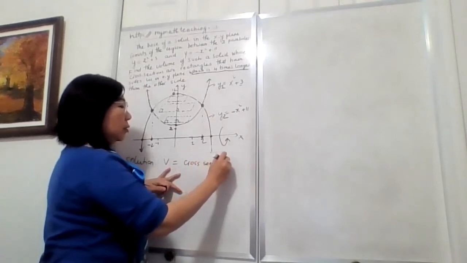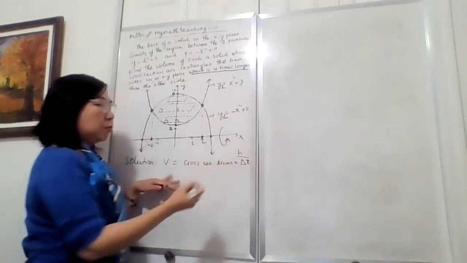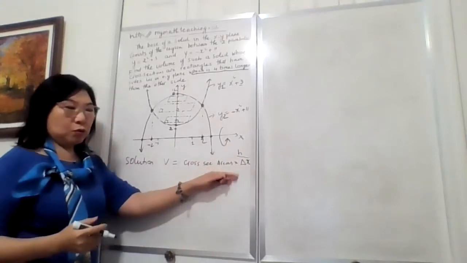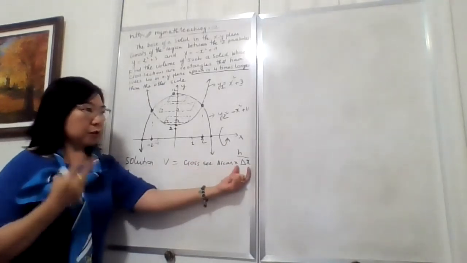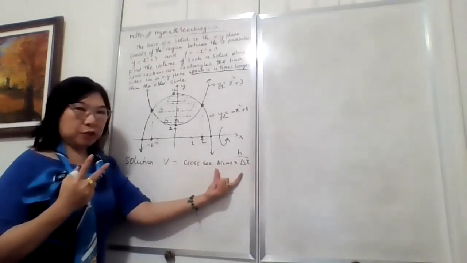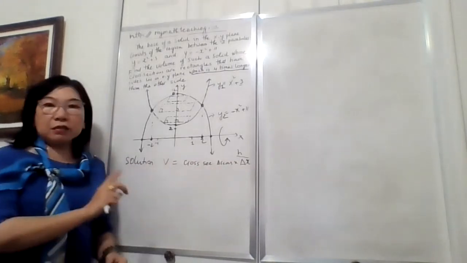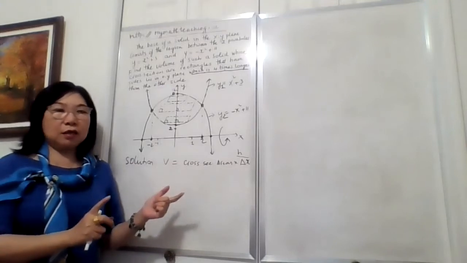Cross-sectional area times delta x, which is the height, to form the volume, because we're talking about three dimensions. So area gives two dimensions, come with another one dimension, so three dimensions, and that makes a volume, right? So that is a general formula for any shape, any object.